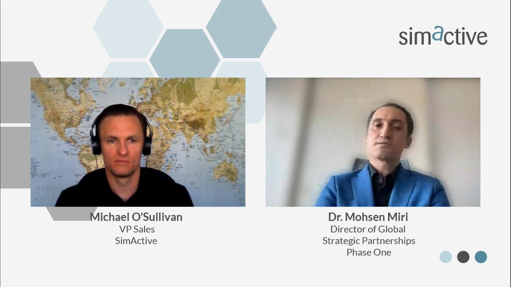Yes, the image is one part of the data, right? The metadata that comes with the image, to have it georeferenced, right? The IMU data, the GPS data, GNSS data, right? Everything is there.